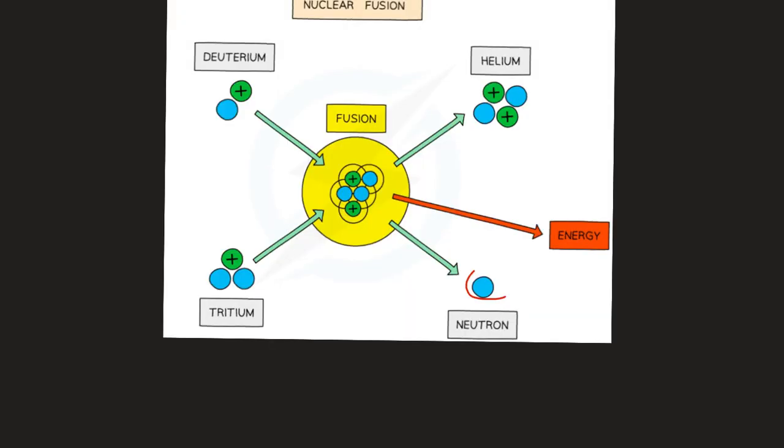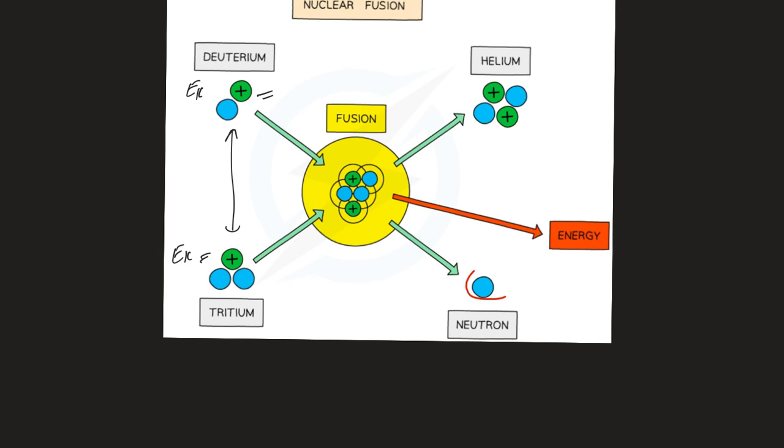So here you can see that deuterium is positively charged and tritium is also positively charged. So it means there is an electrostatic force of repulsion between them. So they must have high kinetic energy so that they can overcome the force of repulsion between the positive charges.